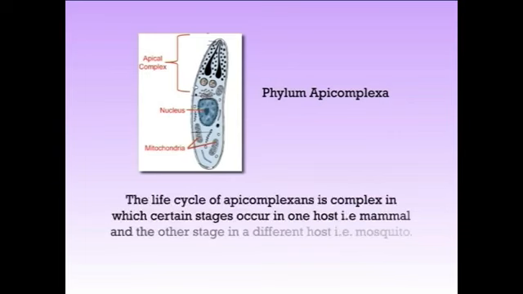The life cycle of apicomplexans is complex, in which certain stages occur in one host, that is a mammal, and the other stage in a different host, that is a mosquito.